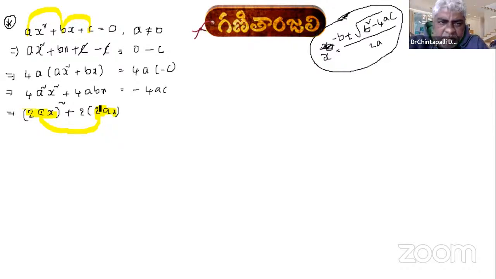What is to be multiplied with 2ax to make it 4abx? It should be multiplied by b only, right?